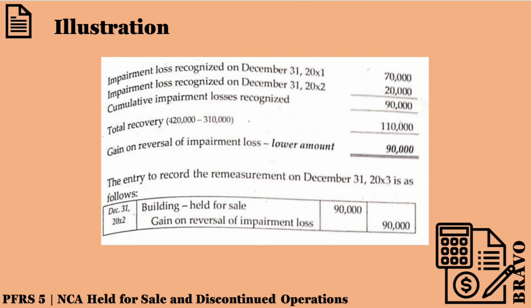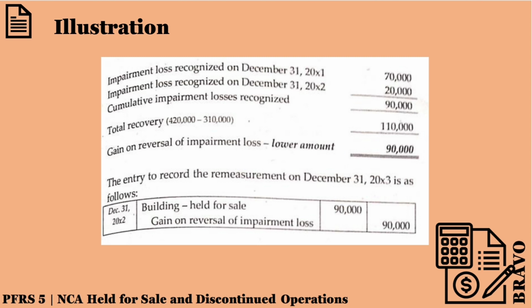Yung magiging sagot sa kanya, yun yung magiging cumulative impairment loss recognized. On the other hand, para makuha natin si total recovery, ipagma-minus lang muna natin si given na fair value less cost to sell of building increase na 420,000 kay given na subsequent measurement na fair value less cost to sell na nag-a-amount na 310,000. So, the answer is 110,000.